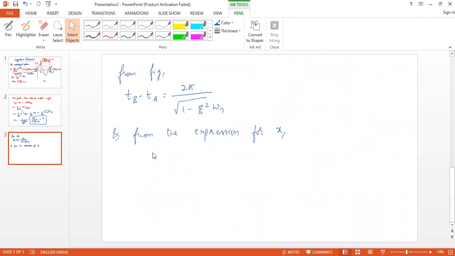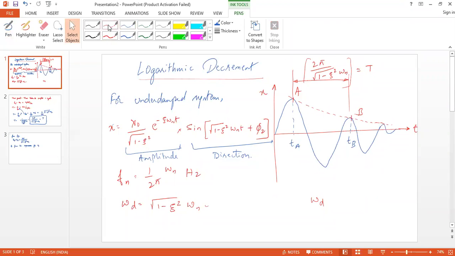Okay, so from the figure, from the expression, what I can say is, can I call this XA, that is the amplitude after some time tA, and this is the amplitude after some time tB, so that is XB.